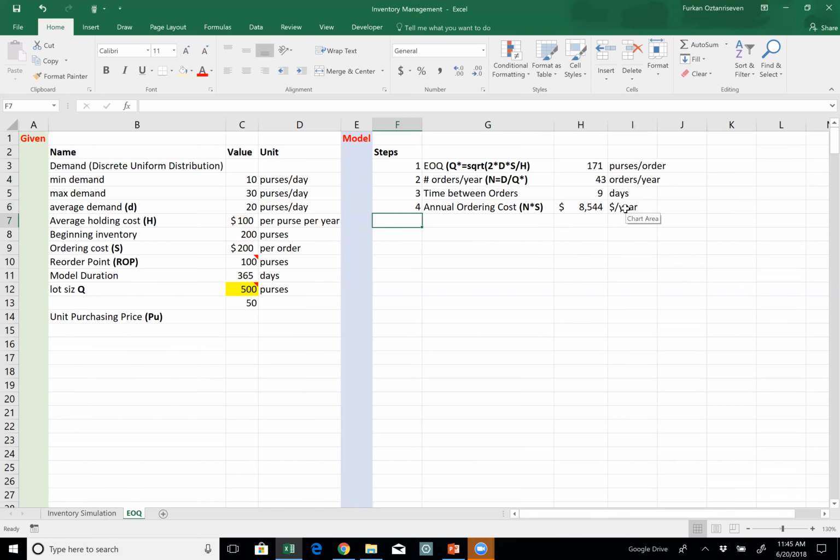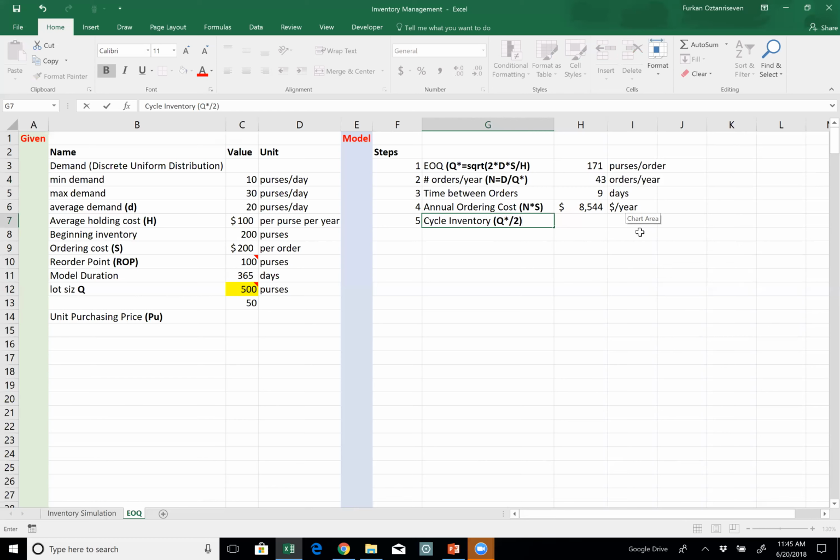All right, step number 5, I would like to calculate my cycle, or in other words, average inventory. My cycle inventory or average inventory is my Q star divided by 2.